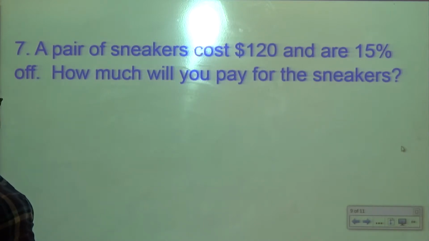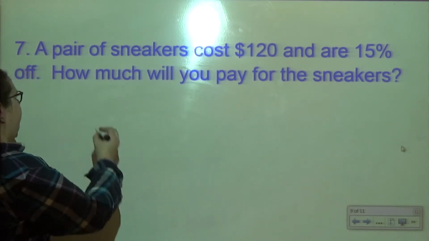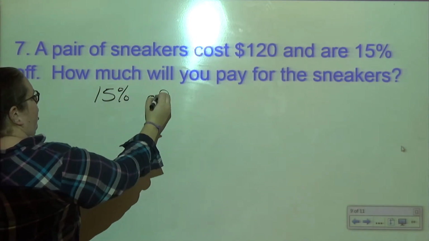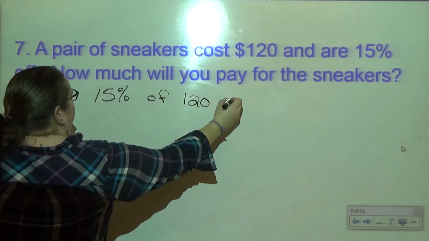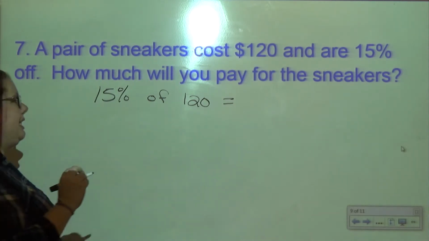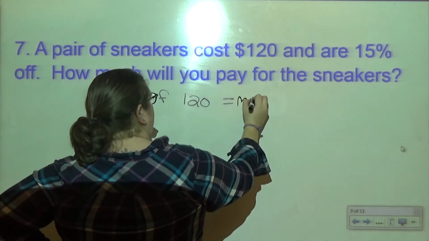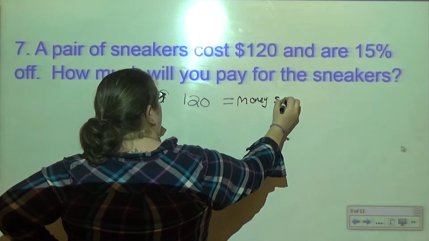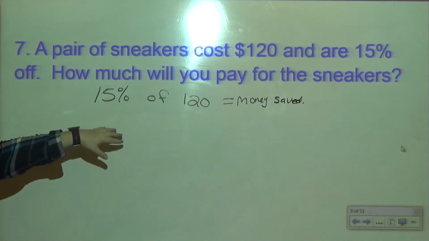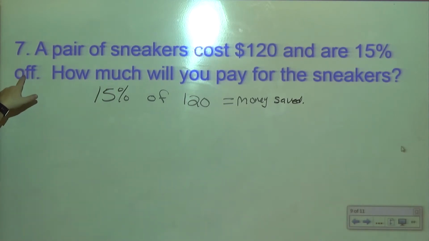We need to find 15% of the $120, which will equal what? Our money saved. If we find 15% of that 120, that's the amount off. That's how much we're going to save.